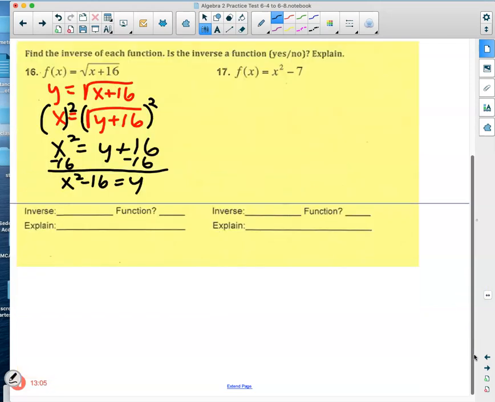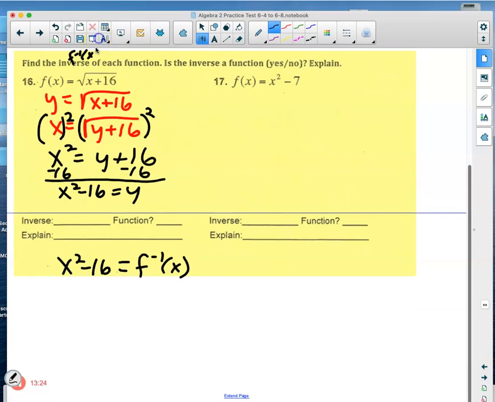It's just that fancy f to the -1. Now, I'm not going to take off on the test if you don't do that, because they didn't say in the directions, find f -1 of x. It said find the inverse, and yeah, y is fine when it says find the inverse.